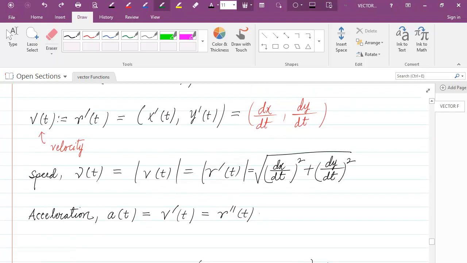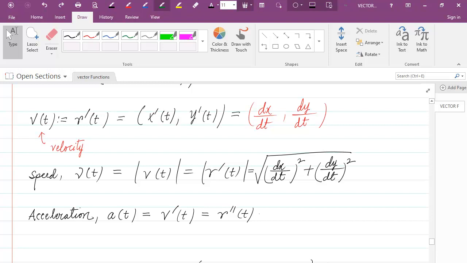So since this is the velocity vector, the length of that would be the root of dx dt squared plus dy dt squared. And also the acceleration at time t would be the derivative of velocity, or the second derivative of the position vector r of t. So this is the r double prime of t. That's the acceleration.